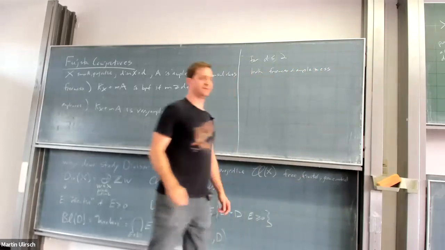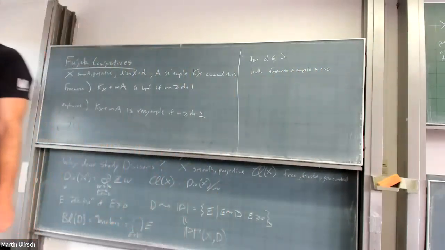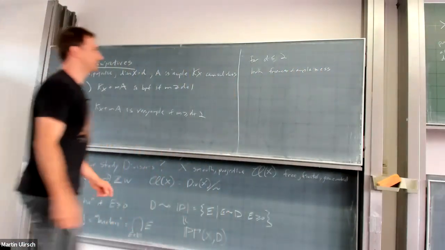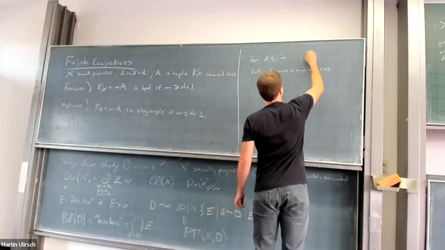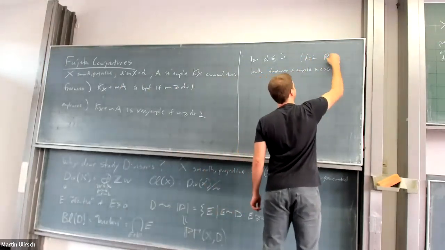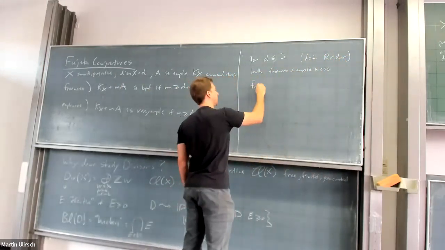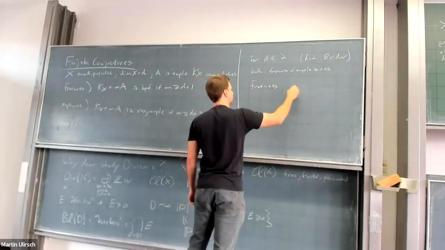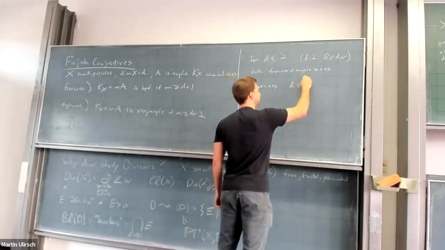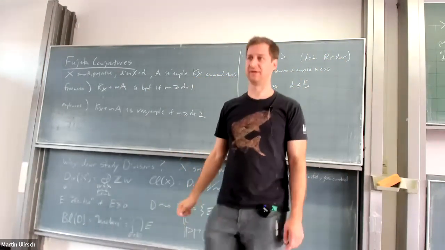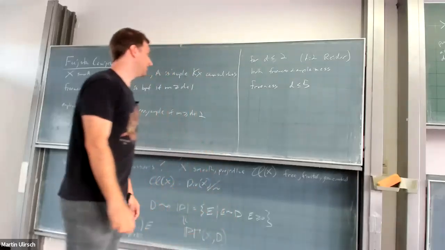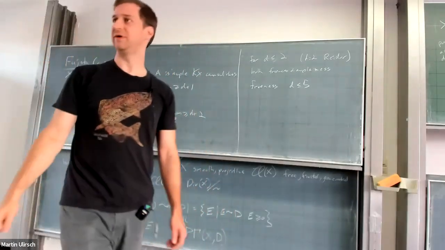You can prove this for curves by Riemann-Roch, and then the d equals 2 case is due to Reider. Freeness is known for d less than or equal to 5.